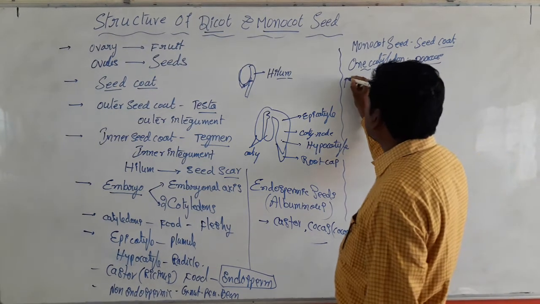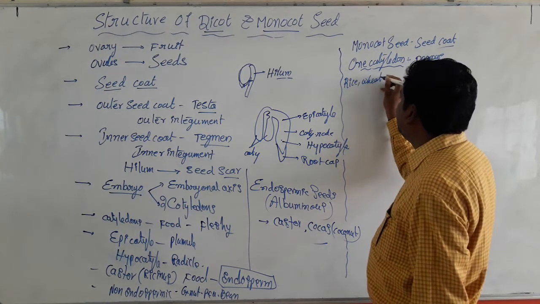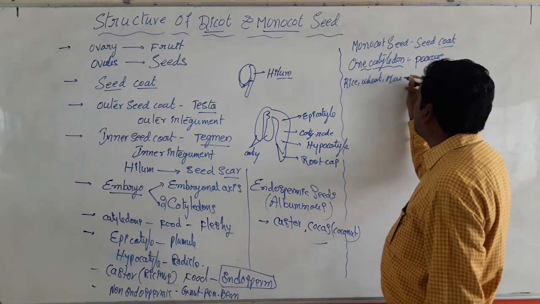Poaceae members means rice, wheat and also maize.